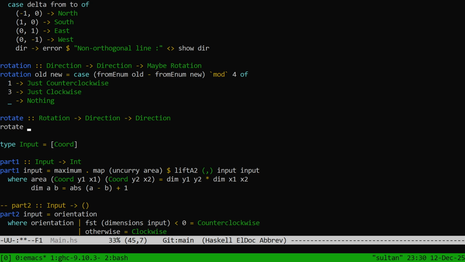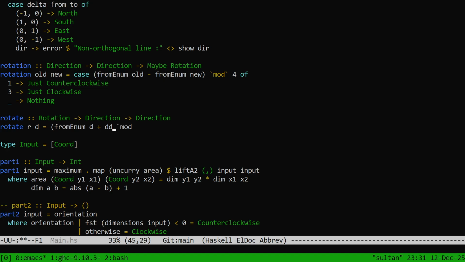Rotate R, RD is from enum D plus dr, dd, I guess?